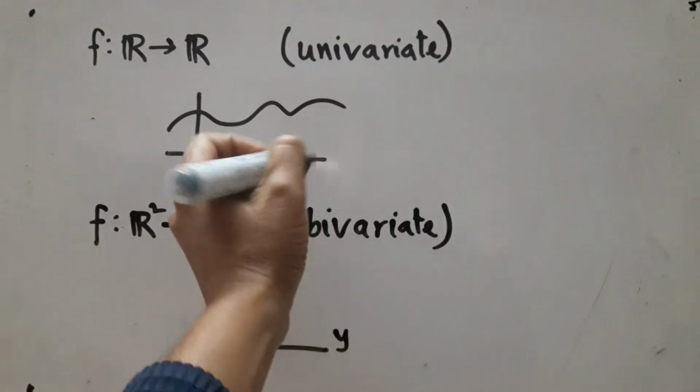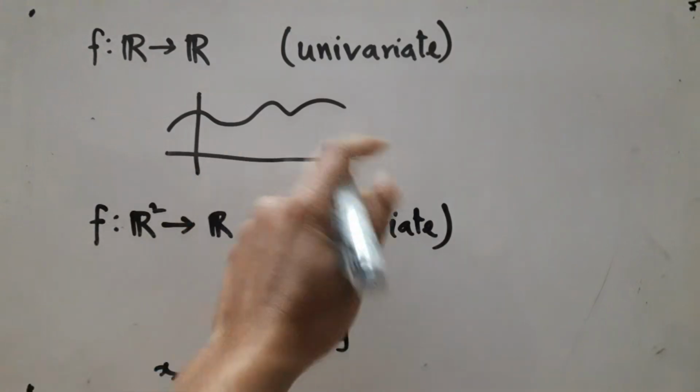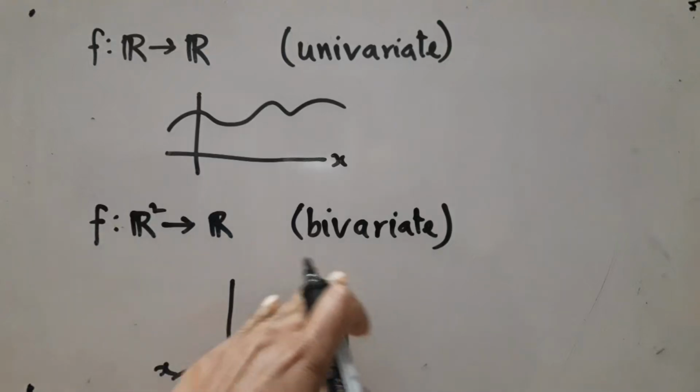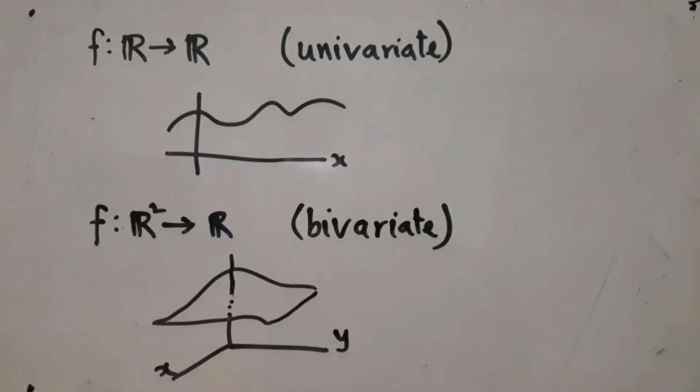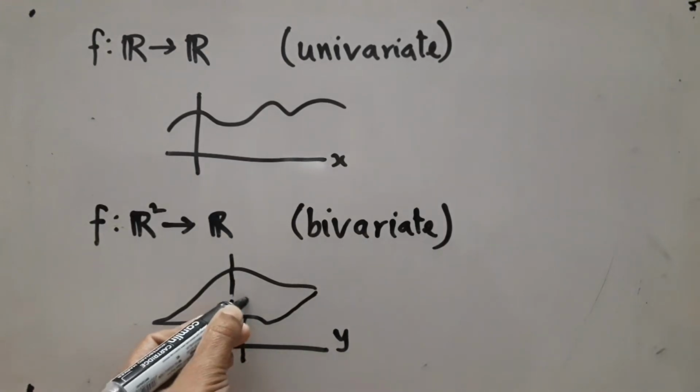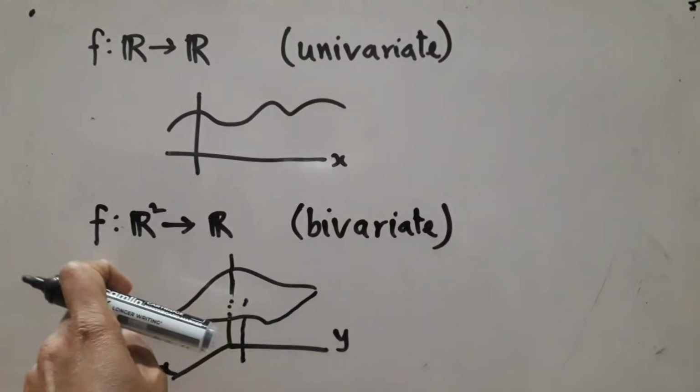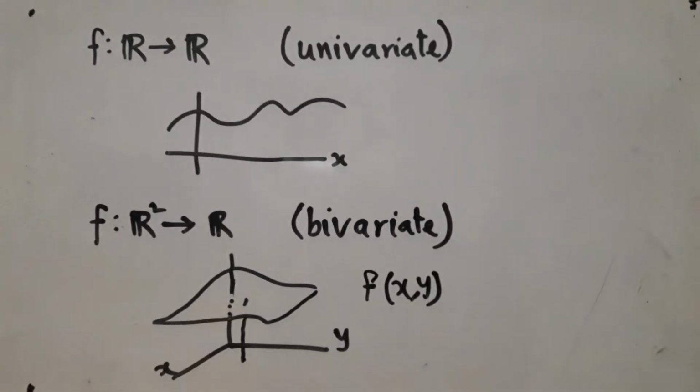Earlier the graph was drawn on the x-axis. Here it is on the xy plane and the graph will look like a surface. So if I take any point xy here, then the height of the surface above that point gives you the value of f(x,y).